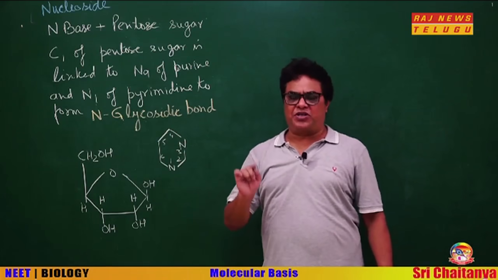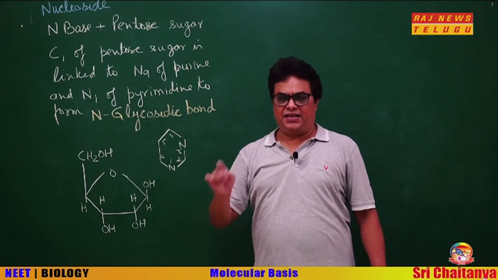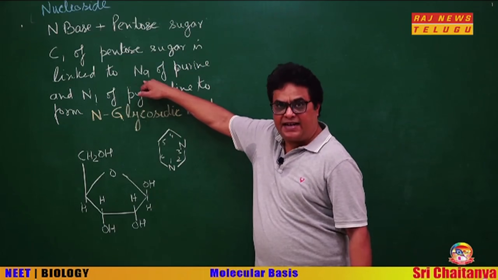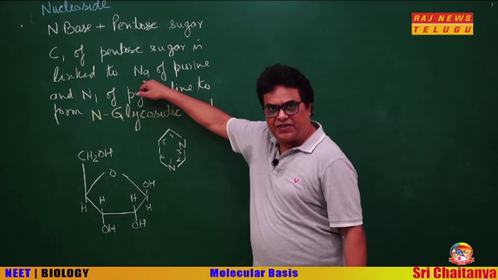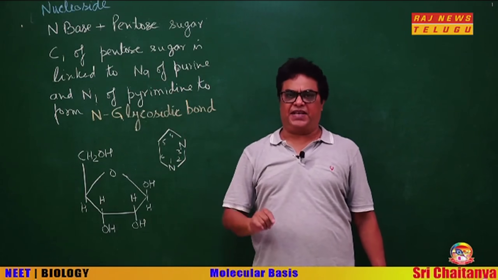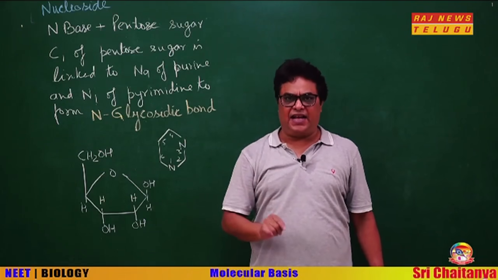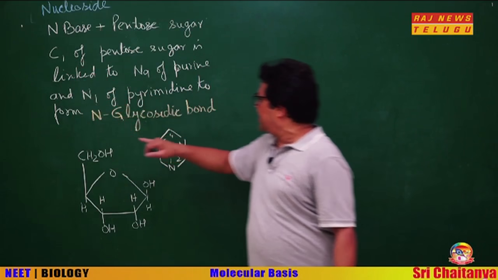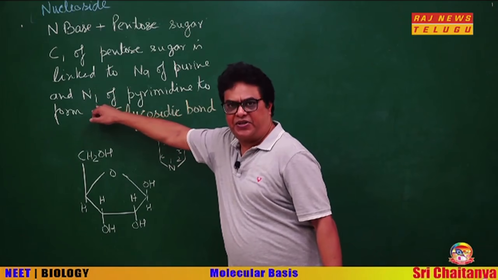Now if the nitrogenous base is purine, then the bond is formed between C1 of sugar and N9 of the nitrogenous base. And if the nitrogenous base is pyrimidine, then the N-glycosidic bond is formed between the C1 of sugar and N1 of the nitrogenous base.